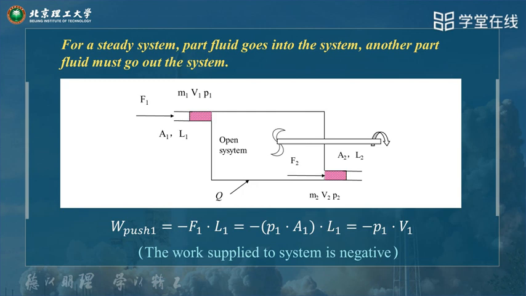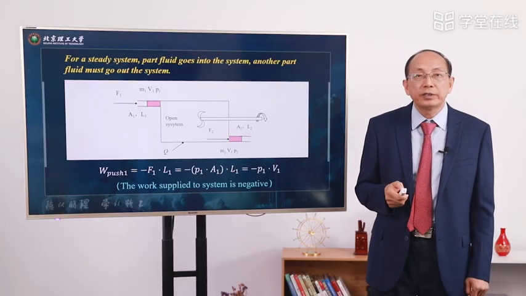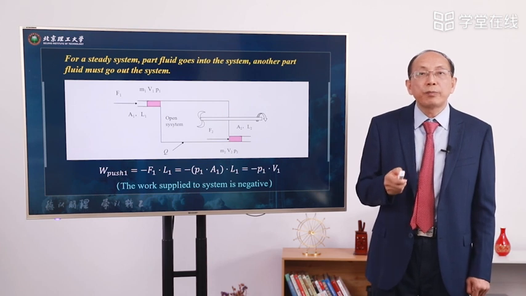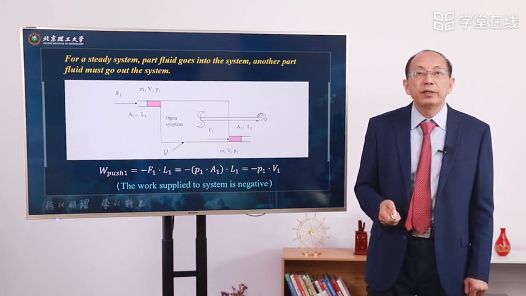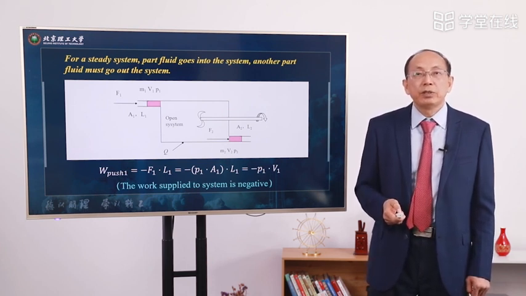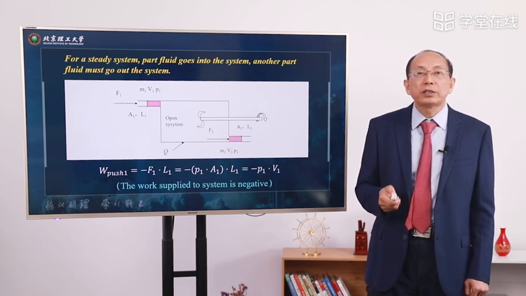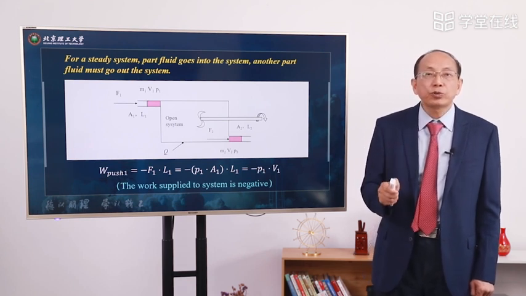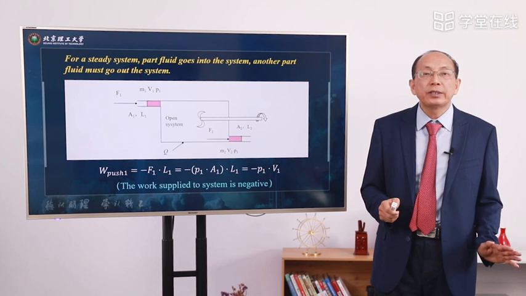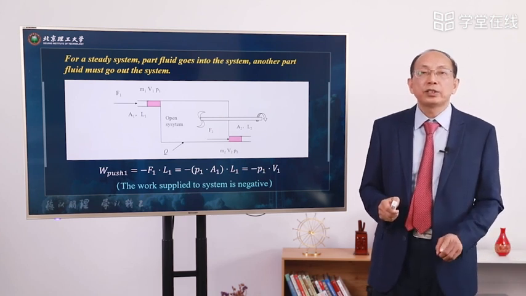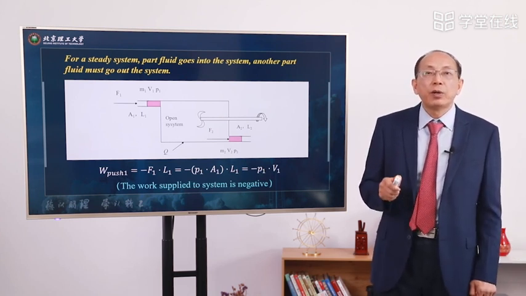So on the last page we learned W push 1 is minus F1 dot L1, equals minus P1 A1 L1, finally minus P1 V1, because push work is given by the outside to the system. So it is negative.